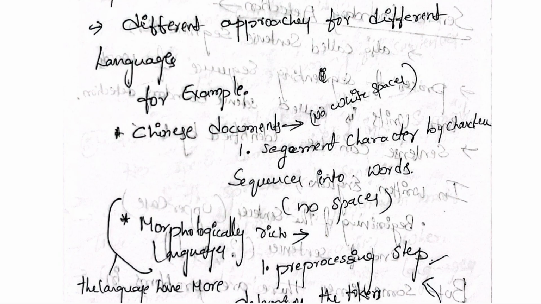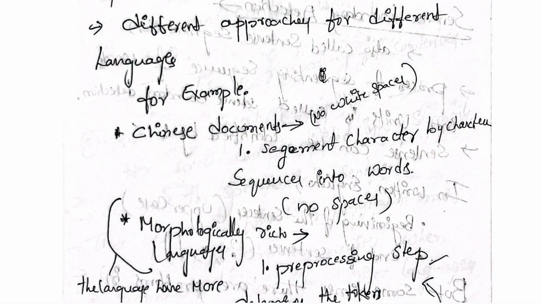The important point is that they do not use white spaces to separate sentences, information, or boundaries. So we need to segment the data character by character, and after character by character segmentation, we need to form the sequences into words.